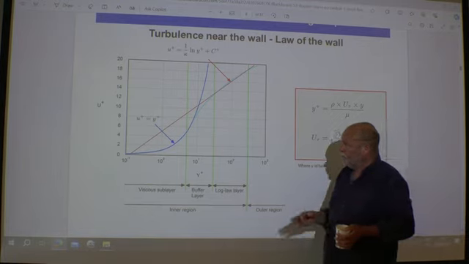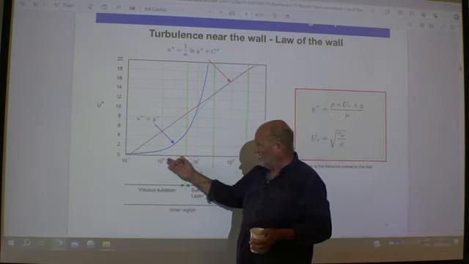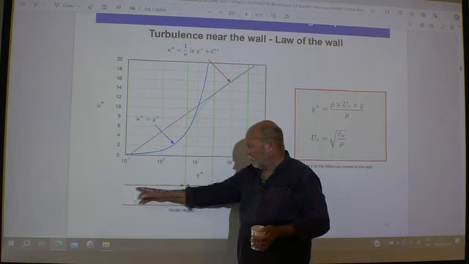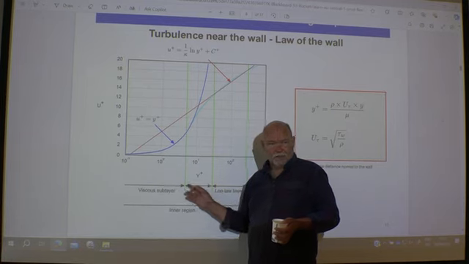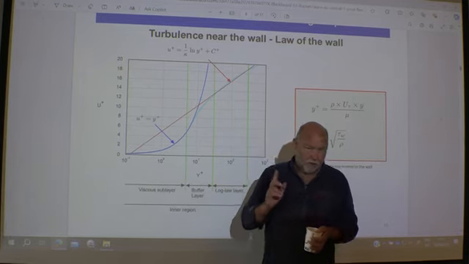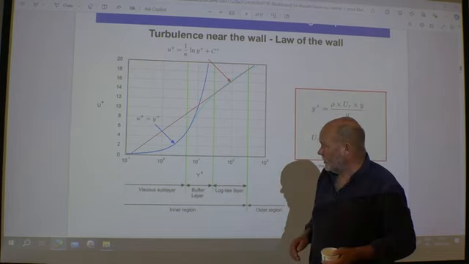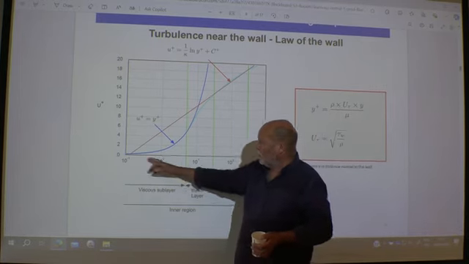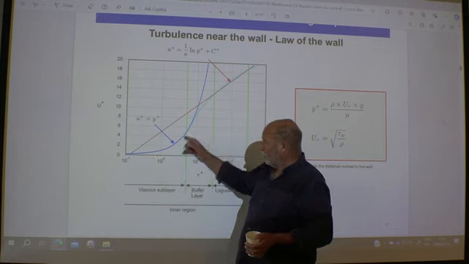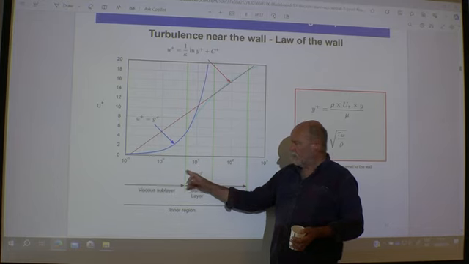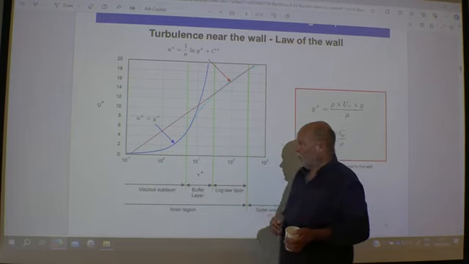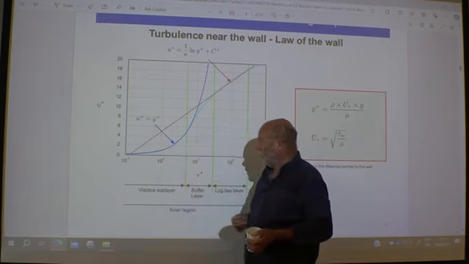And when you are very, very close to the wall, they typically call it a viscous sublayer. Some people call it a laminar sublayer, but remember it's not actually laminar. But the solution will be a laminar velocity profile. But you have to be below 6 in y plus for this one to be correct.